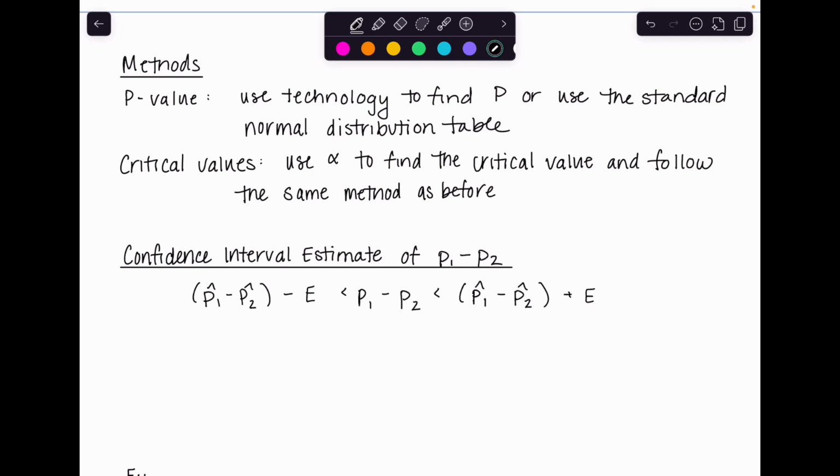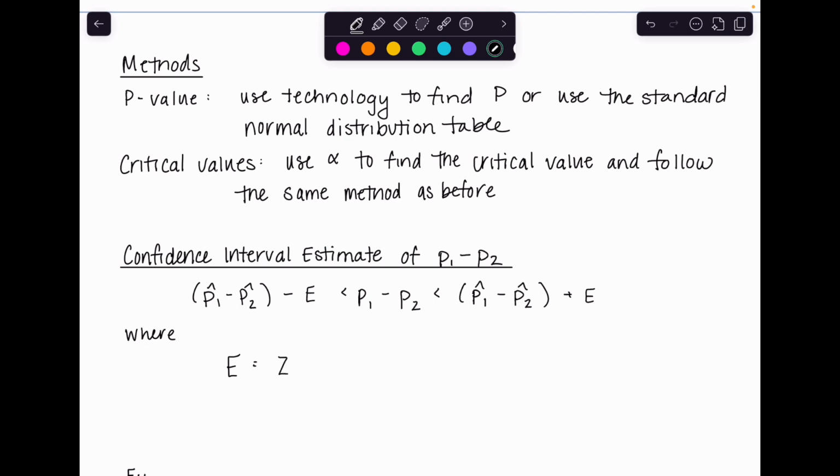So we can see how far off that estimate was. And this value of E, which is our error, relates to the error when we were dealing with confidence intervals for proportions.